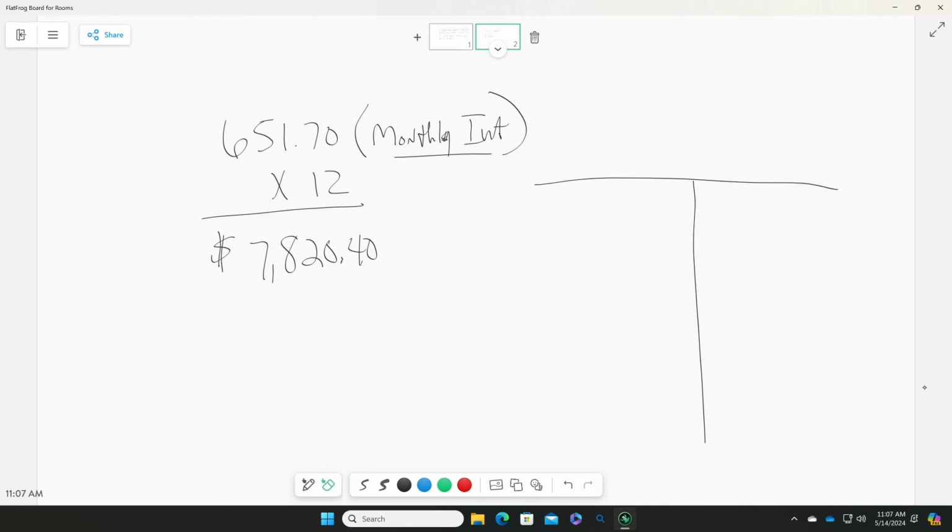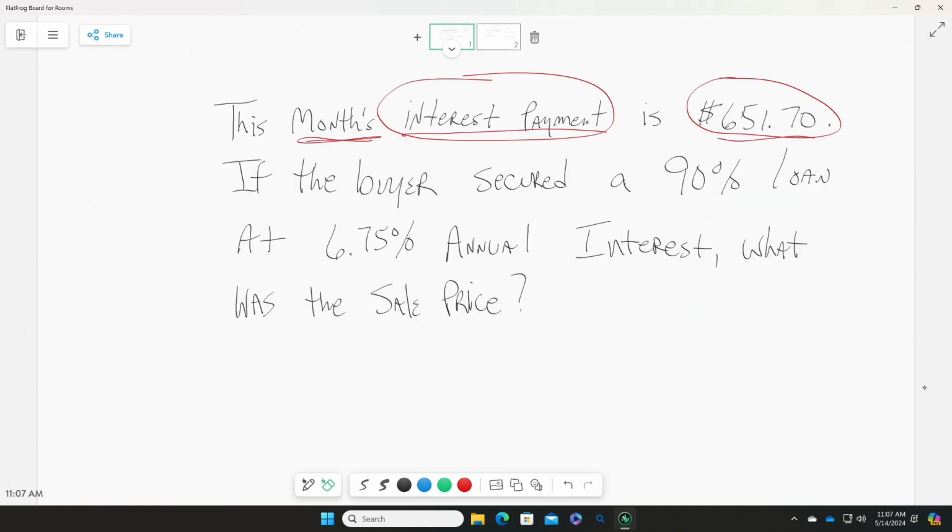Now, remember our T problem that we've talked about so many times? We have part, total, and percent. Do we know the percent that we need to use for this problem? Absolutely. It is 6.75%. Now you may be saying, John, here's a percent here. Why are we not using the 90%?